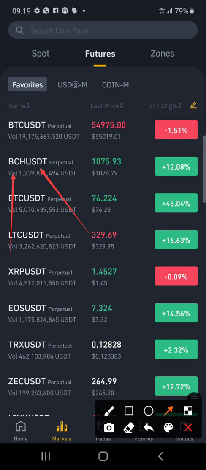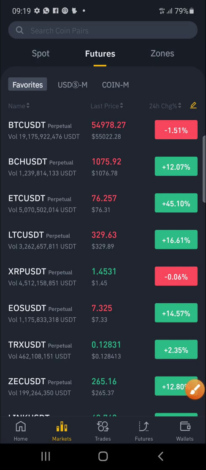This applies to so many coins we are trading against it. So to summarize, here in futures, USDT is the base currency, and we use it to buy the quote currency. We use it to trade against other coins. That's what we do basically in futures.